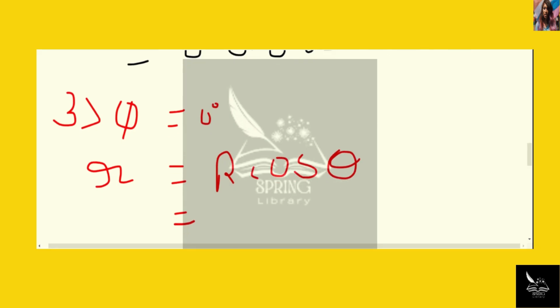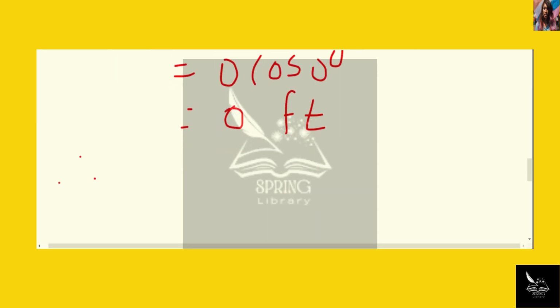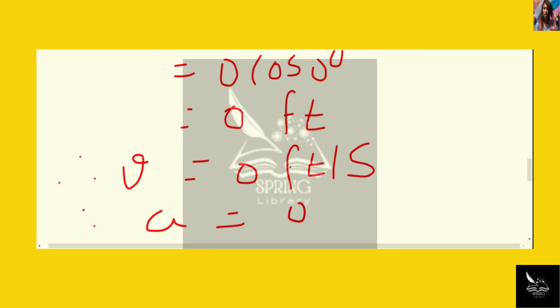But we know the cos 90 value is 0, so the answer will be 0 feet. And so the velocity will also be 0 feet per second, and the acceleration will also be 0 feet per second square.